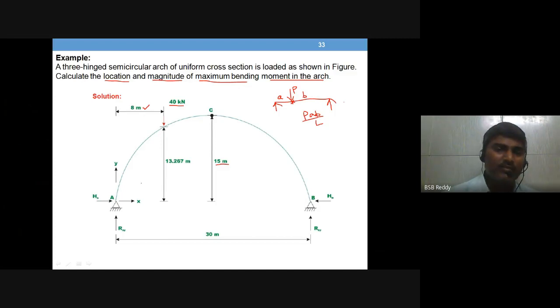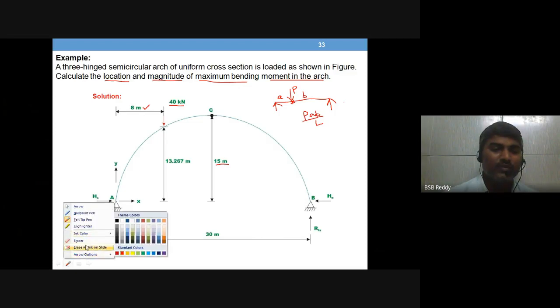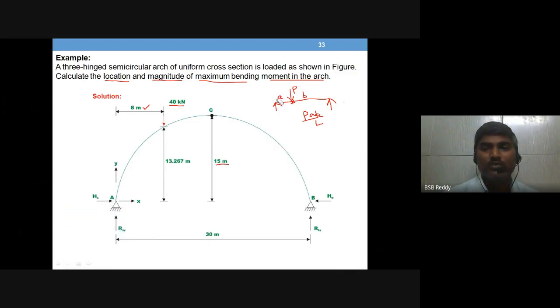Right, the same logic applies here also. So with this example, now we conclude that the maximum bending moment occurs under the load.